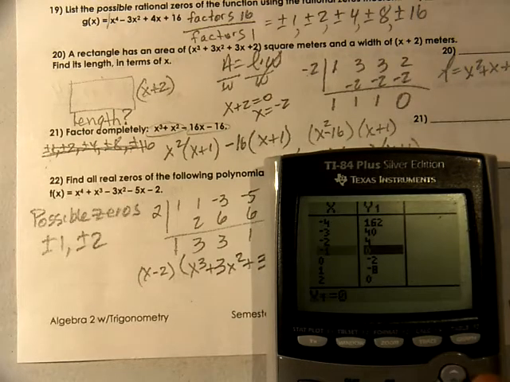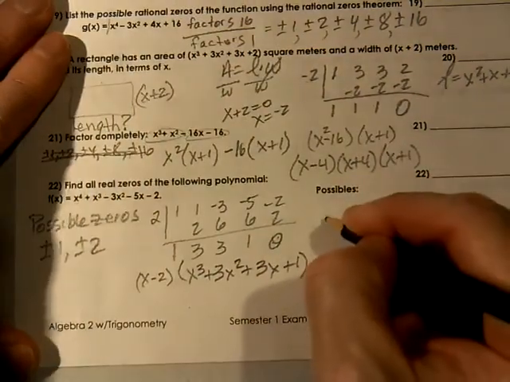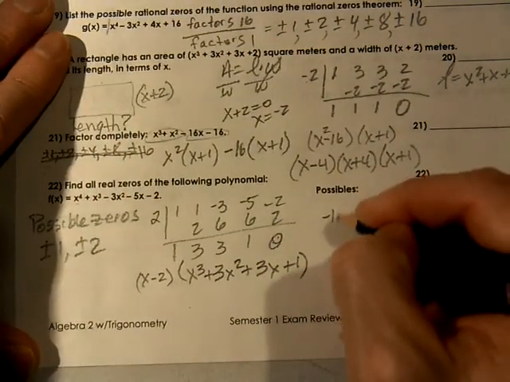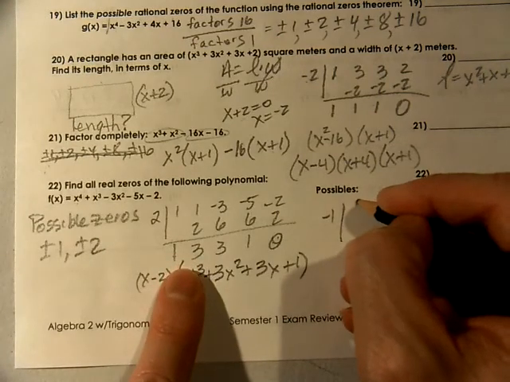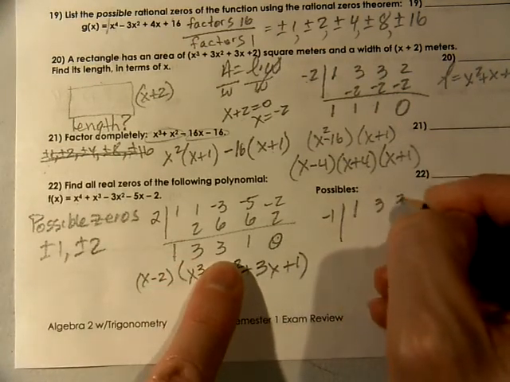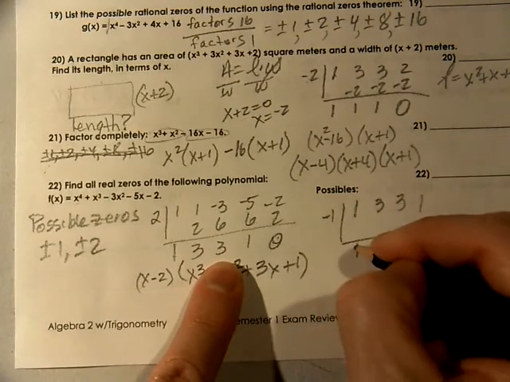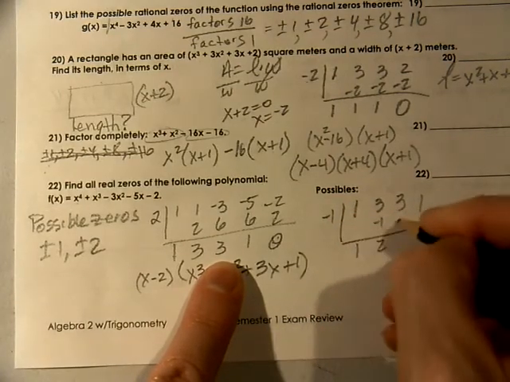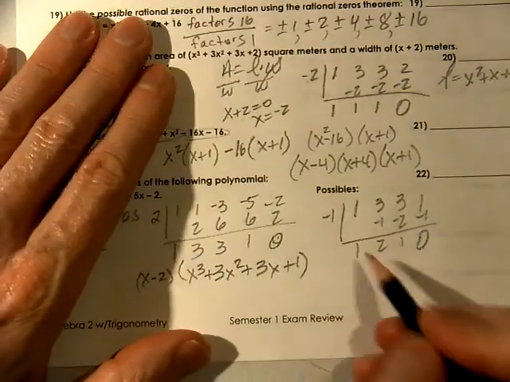Negative 1 for x gives us a y that is a 0. So negative 1. So we're going to use the coefficients we got here: 1, 3, 3, 1. And we got a 0.